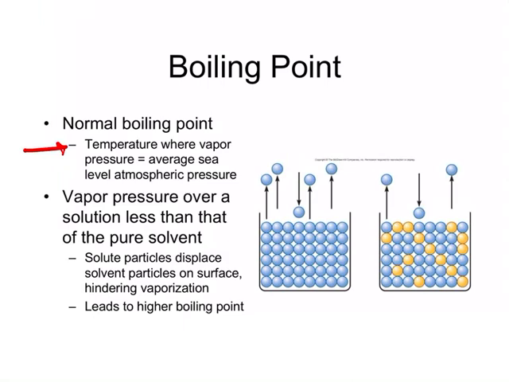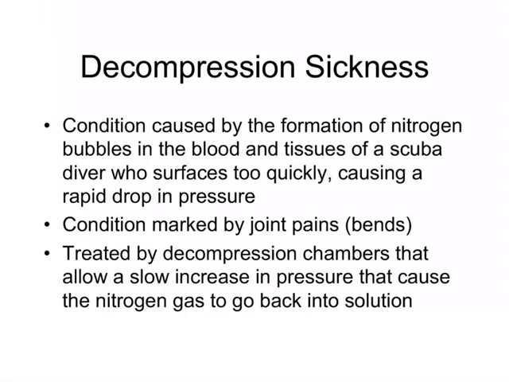It's the temperature where the vapor pressure is equal to the average sea level atmospheric pressure. So anyway, what starts to happen is those molecules start to boil, obviously, and then parts of the surface will begin to evaporate. And that's this vaporization term here.